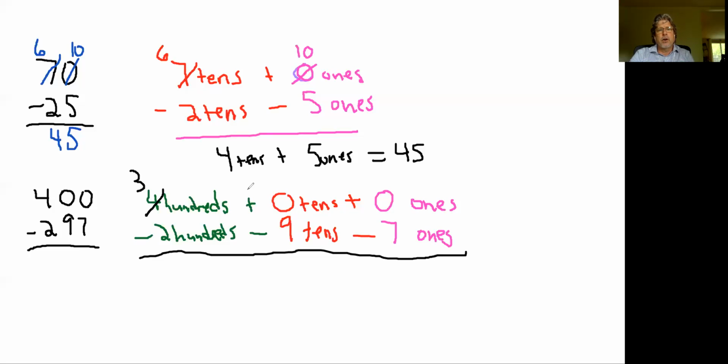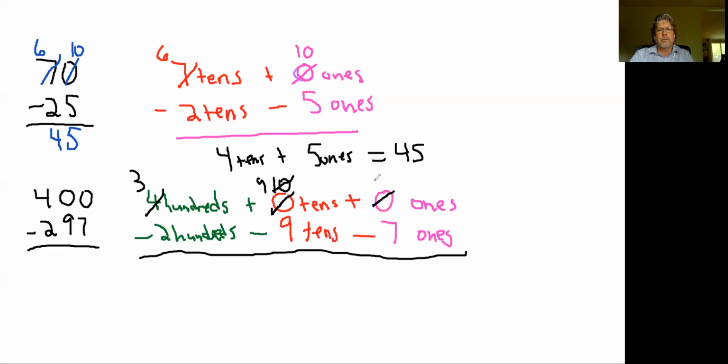And what I do is move that 100 over to the tens spot. And remember, there are 10 tens in 100, so that turns into 10 tens, because 10 tens is the same thing as 100. Now this allows me to borrow from the tens place to move to the ones place. So the 10 tens can then turn into 9 tens, and I can move that 1 ten over here to the ones spot.